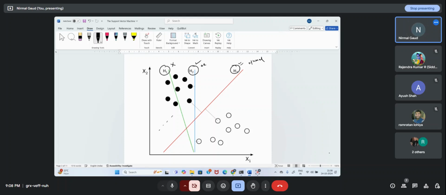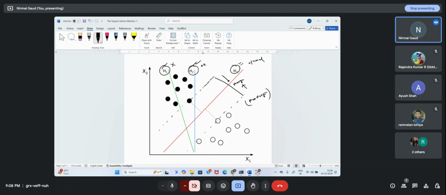Because this is your boundary for black, this is the boundary for white, and this is the margin. Here I am getting max margin among H1, H2, and H3. Here I am getting the maximum margin.